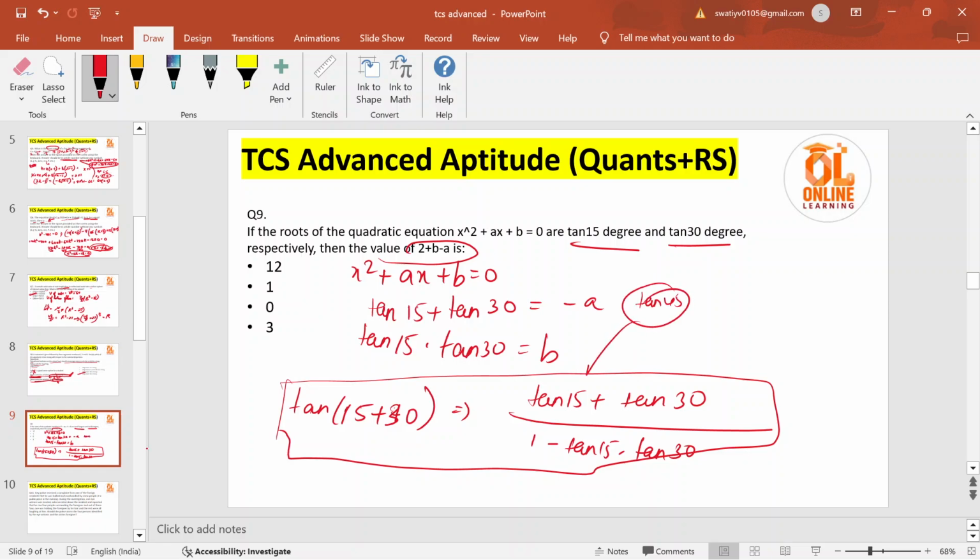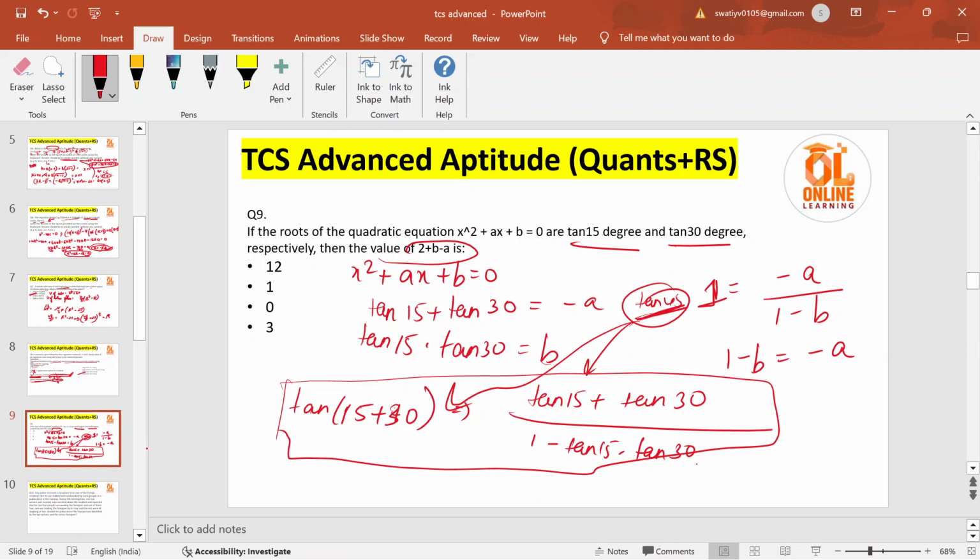Sorry, this will become your tan 45. So what value of tan 45 is 1. So I'll directly write over here 1 is equals to minus a, because we know tan 15 plus tan 30 is minus a, divided by 1 minus tan 15 dot tan 30 is b. So 1 minus b. So here it becomes 1 minus b is equals to minus a.